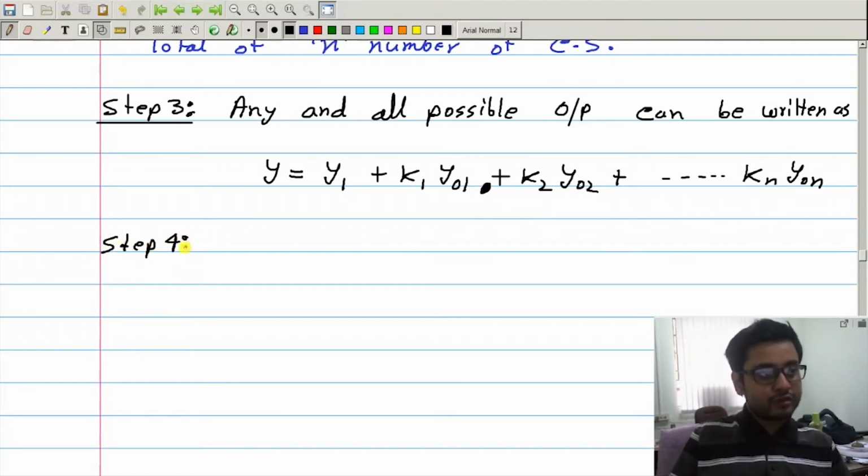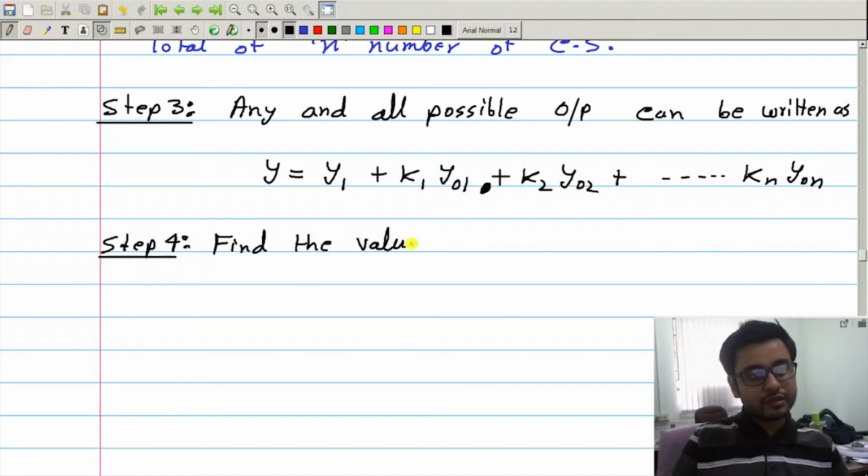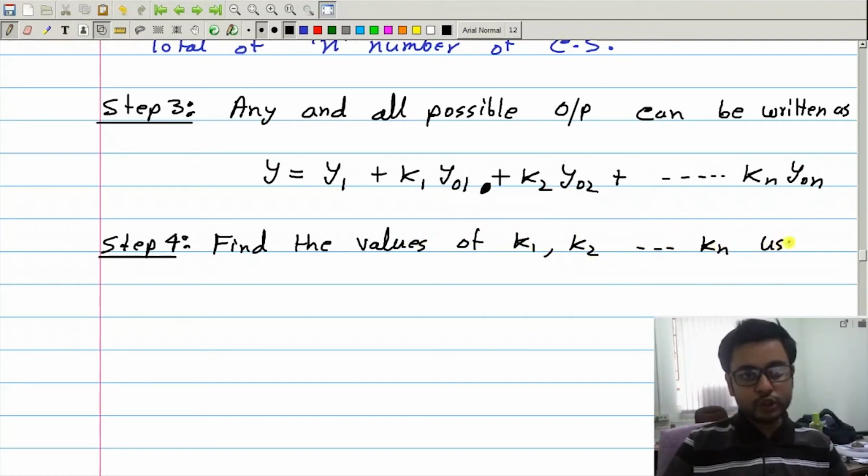Step 4: find the values of k1, k2, kn using boundary conditions.